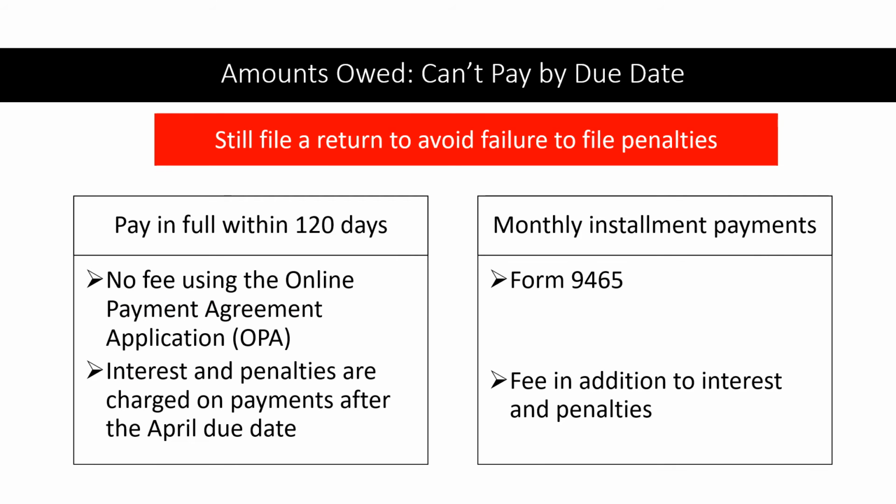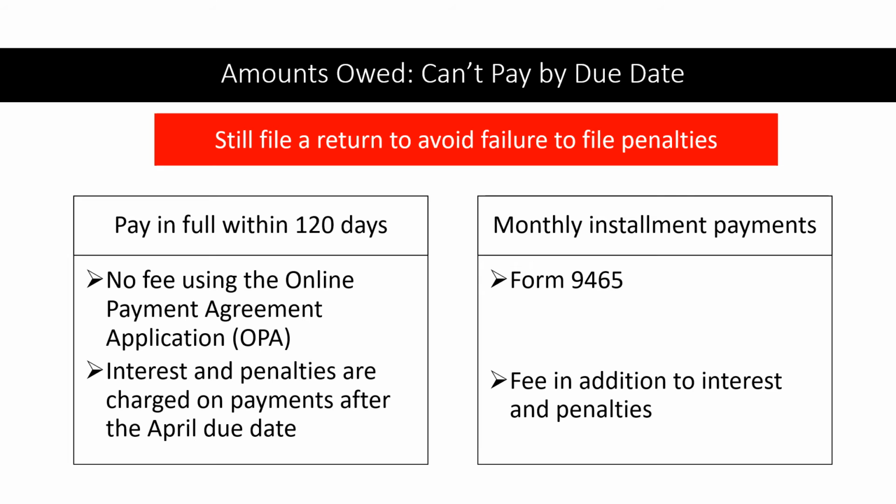So now we need to talk about what happens when our taxpayers owe some tax, but they know for sure they're not going to be able to pay by the due date. And again, remember, the due date is not necessarily when they're filing, unless they're filing on the due date. Sometimes that happens, but often they're filing ahead of time, and so they have until the due date to pay before they would have penalties and interest associated with not paying.